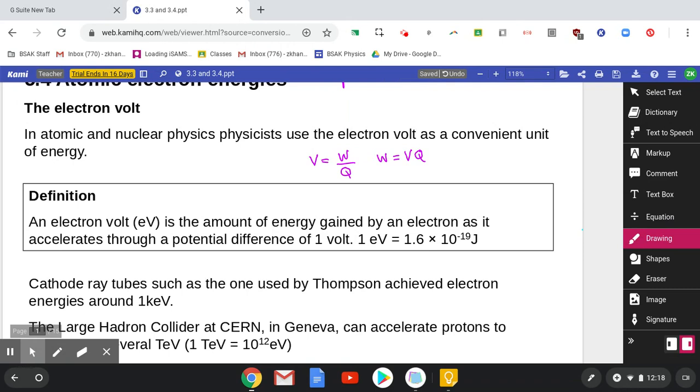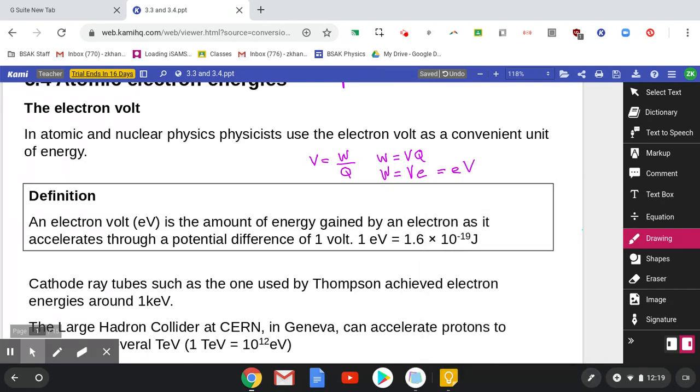Now, considering that we are accelerating an electron, often the notation that we use for the charge of an electron is the letter E. So rather than write down Q, we write E. Now that E represents the charge in coulombs of an electron. And rather than write VE, we write E times V.